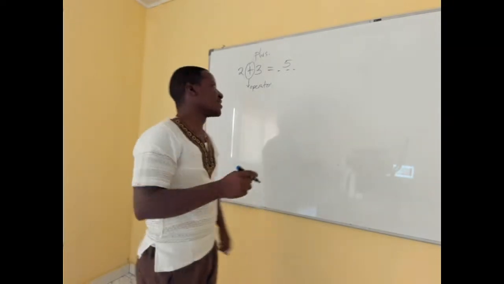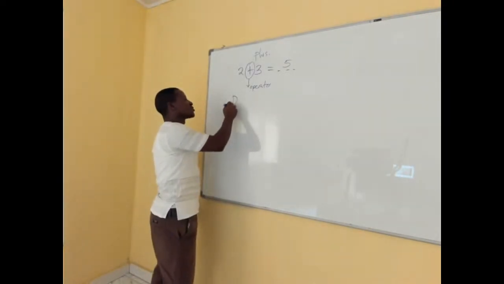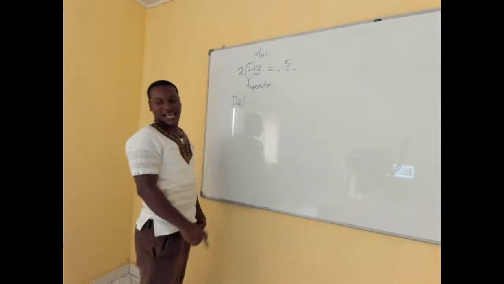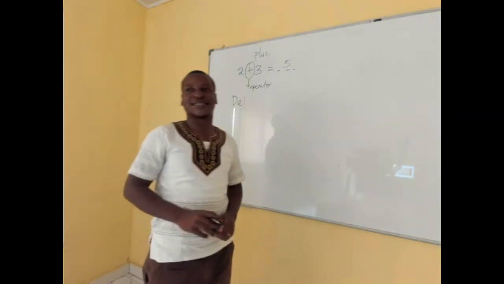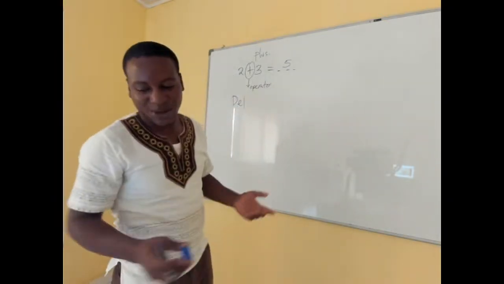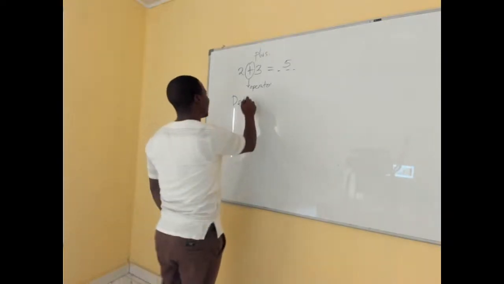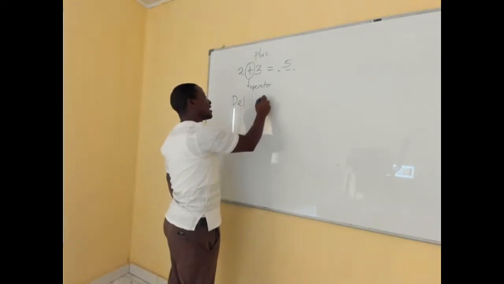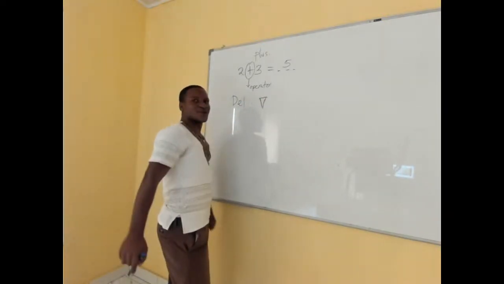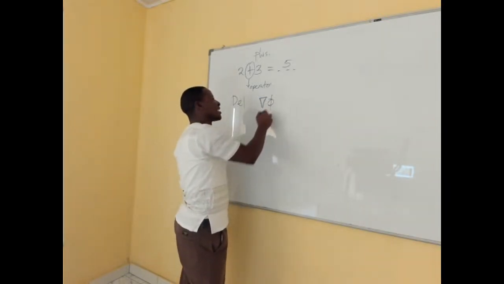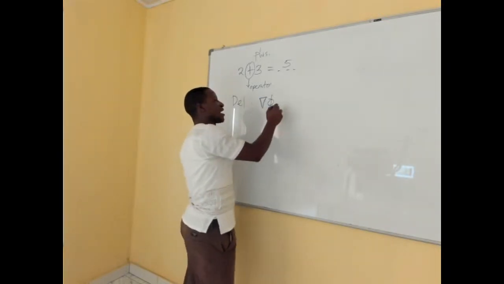In the same manner, the del that we introduced, or in other words, some call it delta, but some call it del, which we said has this symbol, can also operate on a function phi.